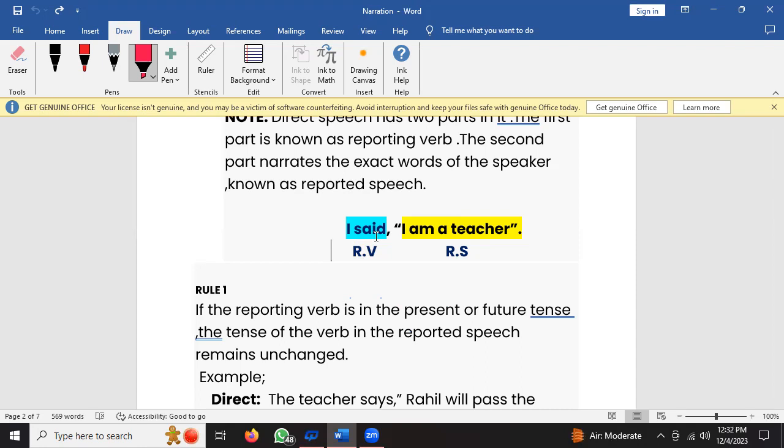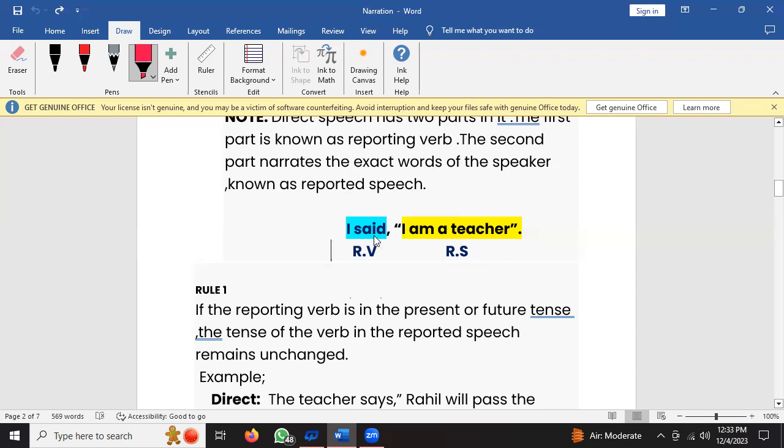Sir, say. Excellent. But rule number 1 says that if the reporting verb's tense is present or future, there will be no change in reported speech, which means that I said is past, so I am a teacher will be changed into another tense. The present will change into past.